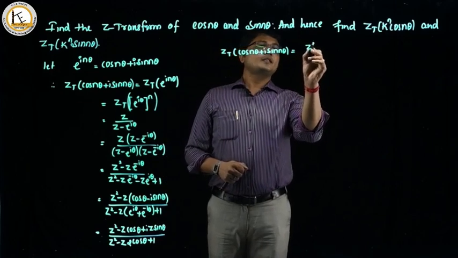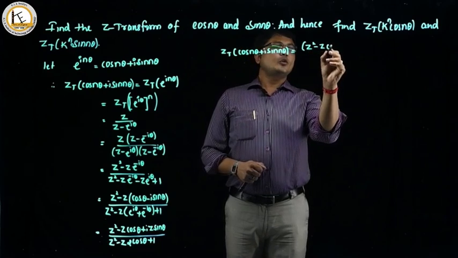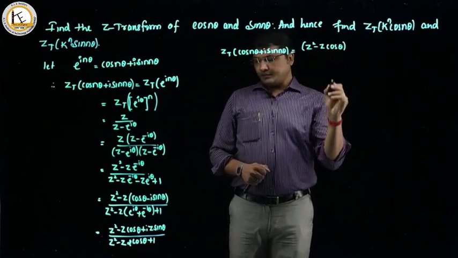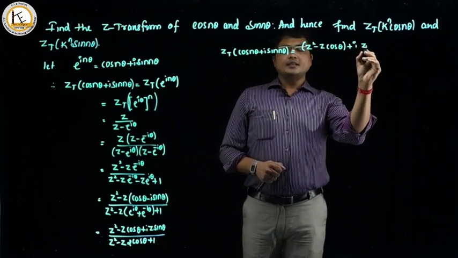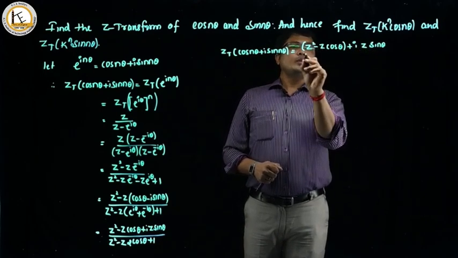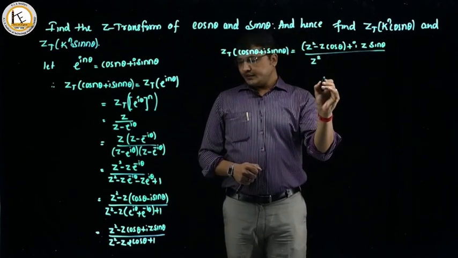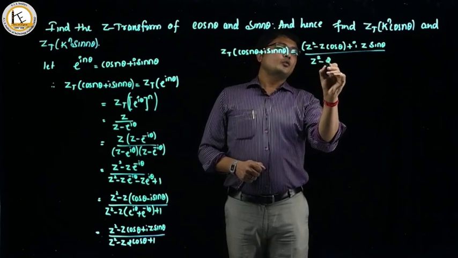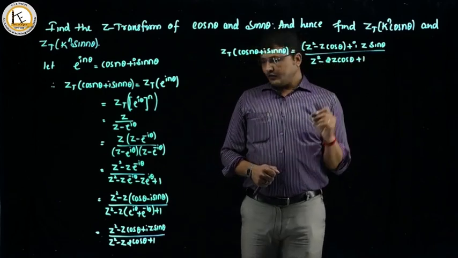So I get here z square minus z into cos theta as a first term, and the second term I will take as an imaginary part, that is i into z into sin theta, whole divided by, I just simplified the denominator further, z square minus 2 times z into cos theta plus 1.